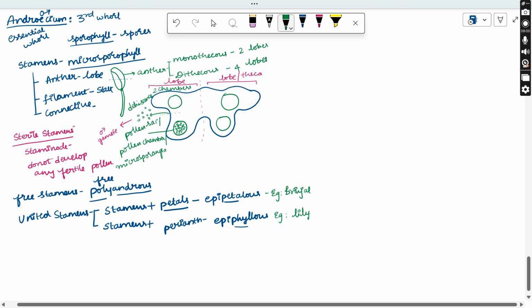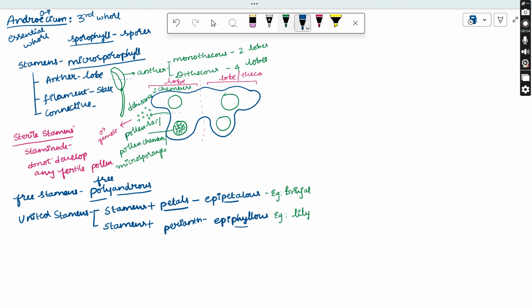Now, this is just the introduction. Now we have the conditions of these stamens. So the stamens may be in a united condition or a free condition, as we discussed. Suppose all the stamens are united like one bunch or one bundle, that condition we call a monodelphous condition.